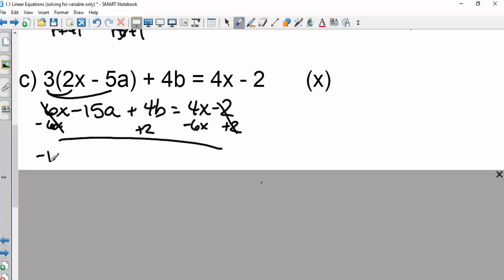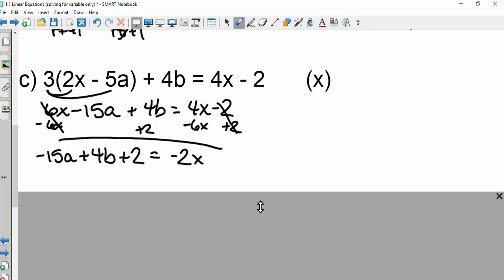So I have a negative 15a equals 4b plus 2 equals a negative 2x. And then what would I do? Divide by negative 2.